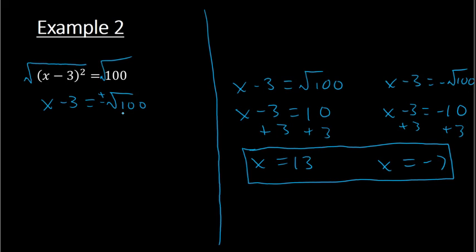If we kept it as one statement, we can write this as x minus 3 equals plus or minus the square root of 100, which is 10. It's probably helpful no matter what, when you have this, to immediately write it as two different equations, because if you don't, you might make the mistake of finding one answer and then just automatically making it negative, which would not give you the correct second answer.